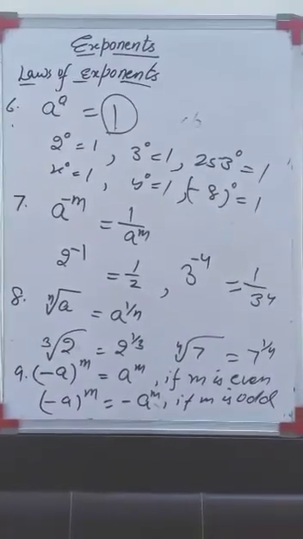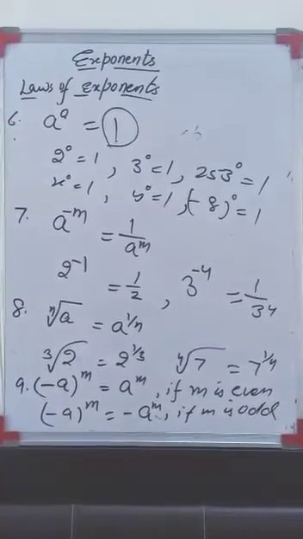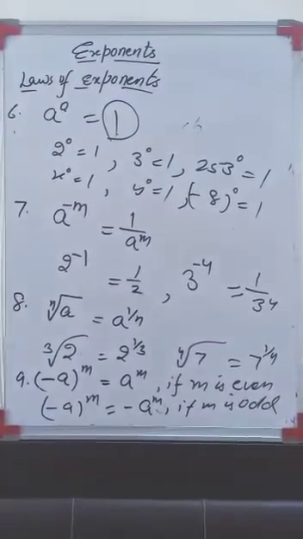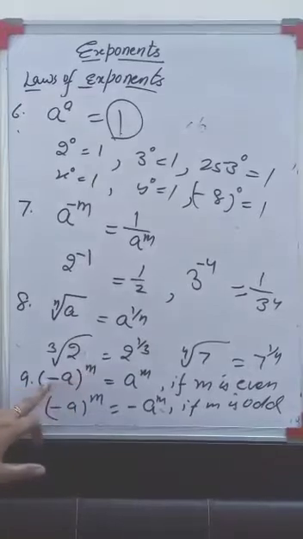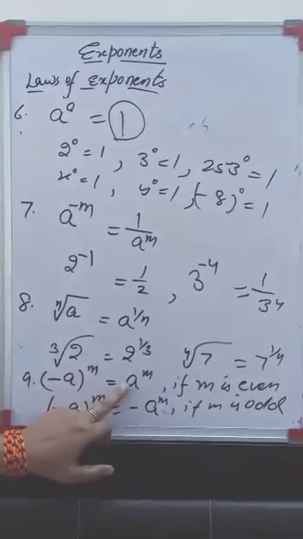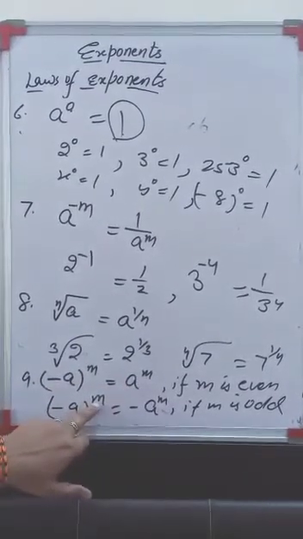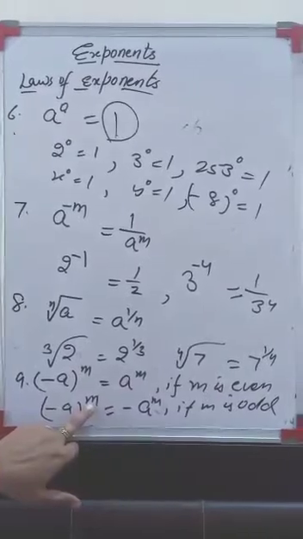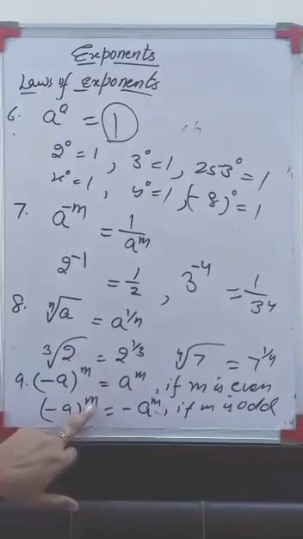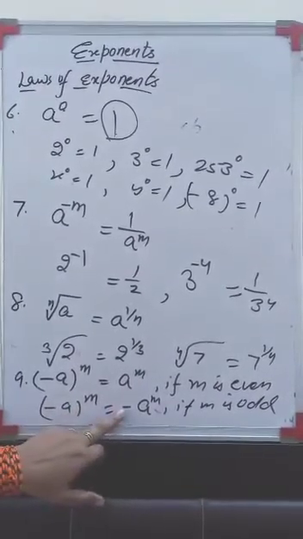again a positive number, because whenever your power is even, your minus will become plus. But if it has an odd power, like 3, 5, 7, then it will remain negative, right?